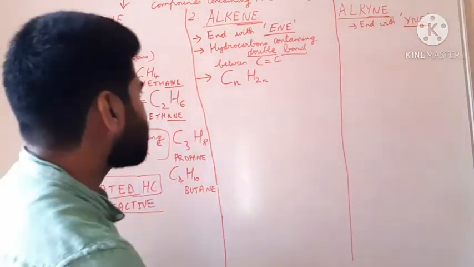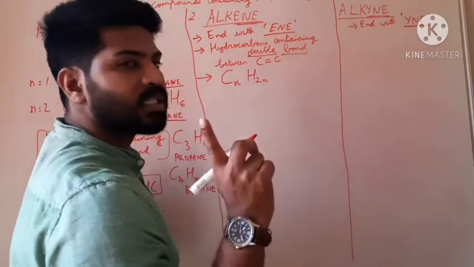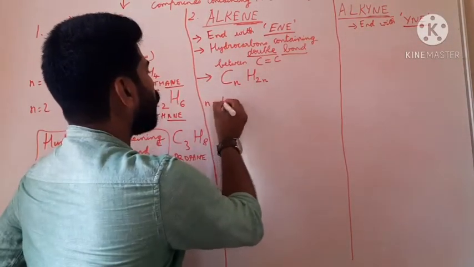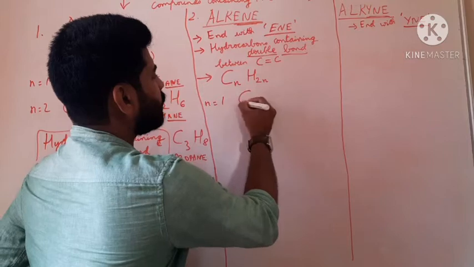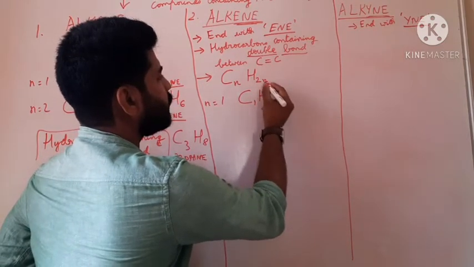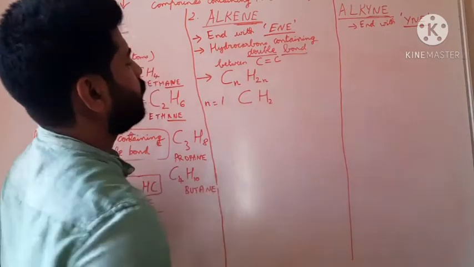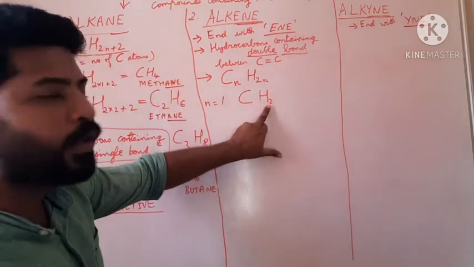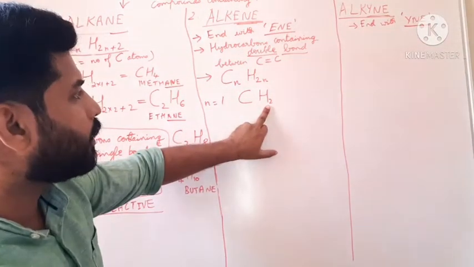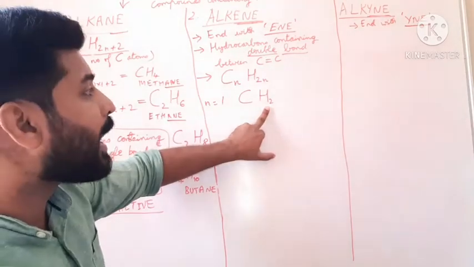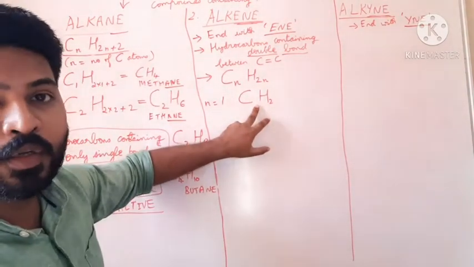So let us start with writing the first member by replacing n equals 1. If n is equal to 1, then 2 into 1 is 2, so the formula will be CH2. But we cannot have this compound. Why?